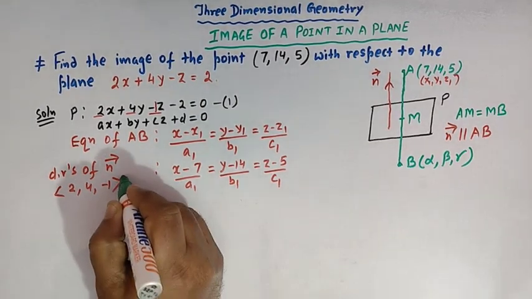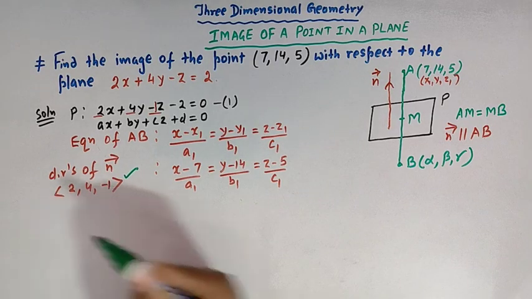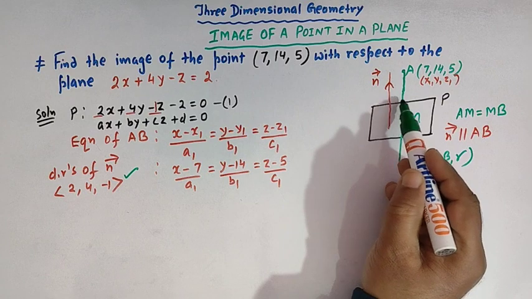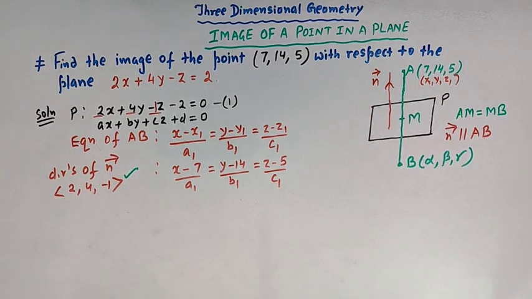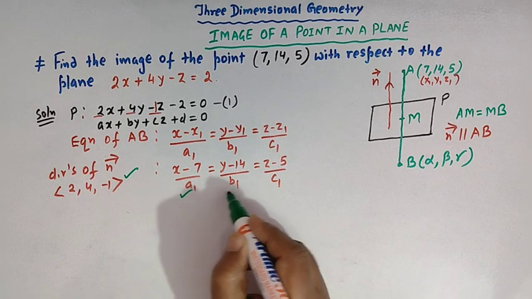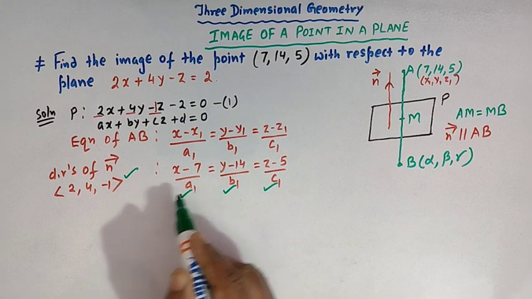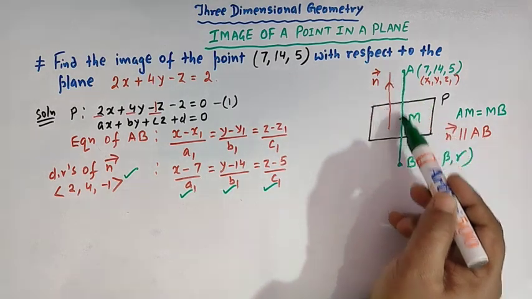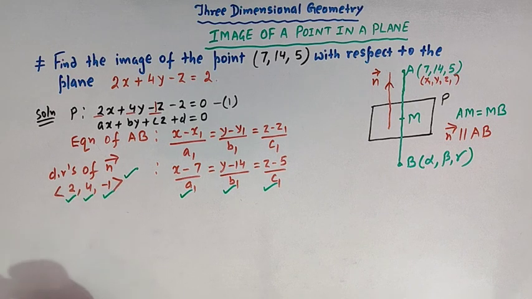Once we have obtained the direction ratios of this normal vector, we know that if two vectors are parallel, then their direction ratios are either equal or proportional. So the direction ratios of this line AB can be taken as 2, 4, -1.